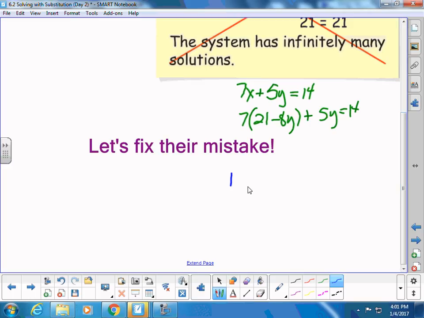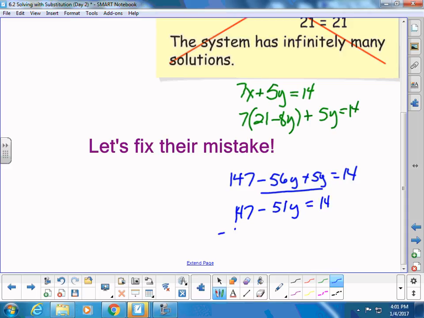Alright, one more time. 147 minus 56y plus 5y equals 14. Let's see, I have some terms I can combine. So I have 147 minus 51y equals 14.